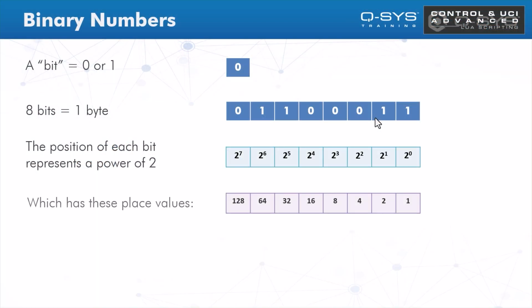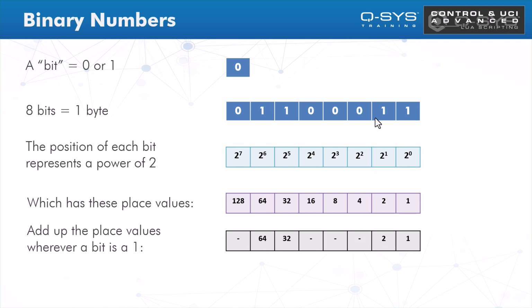And the way that you evaluate the binary number that is encoded here is by doing a little bit of math. This first 1 is multiplied by 2 to the 0, which gets you a 1. This one is multiplied by 2 to the first, which gets you a value of 2. 0 times 4 is 0. 0 times 8 is 0. 0 times 16 is 0. 1 times 32 is 32.